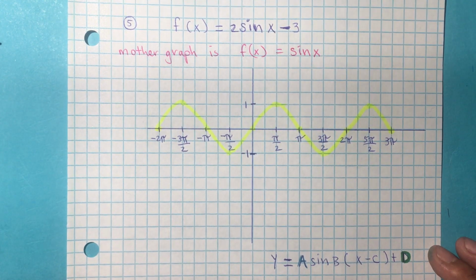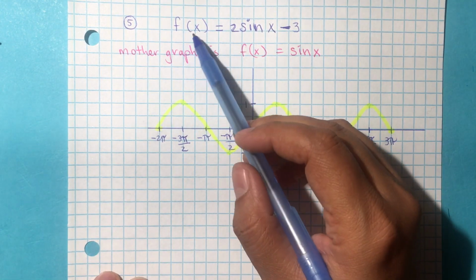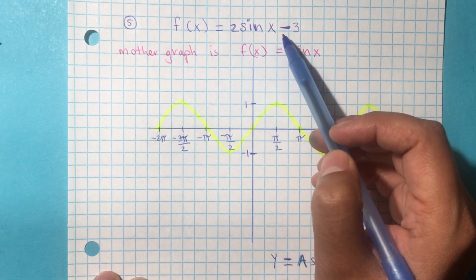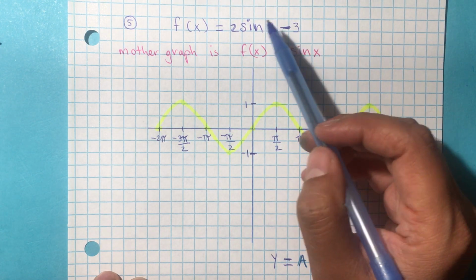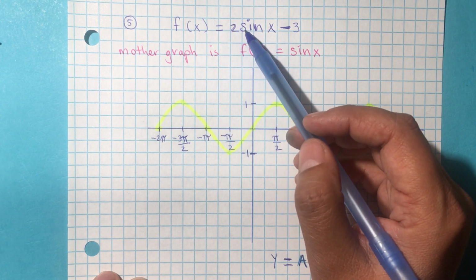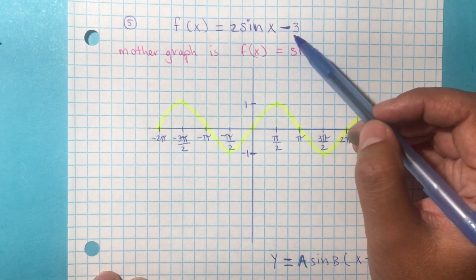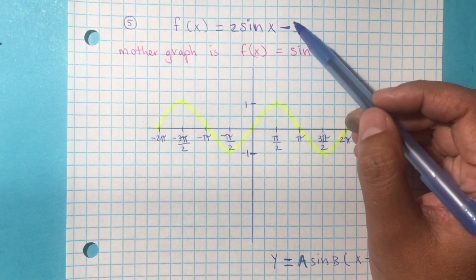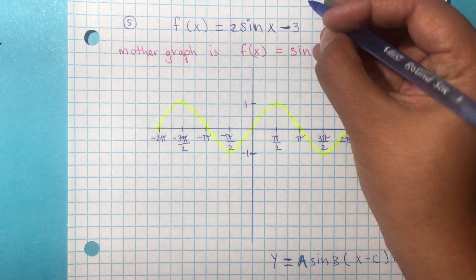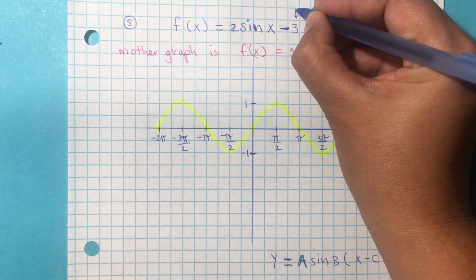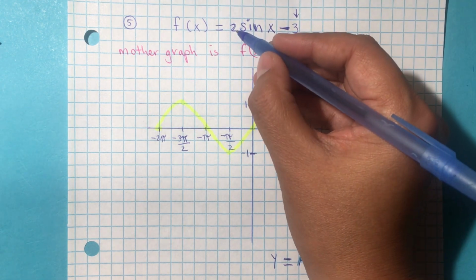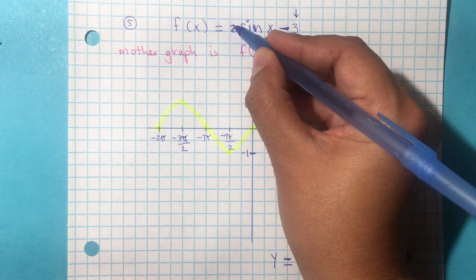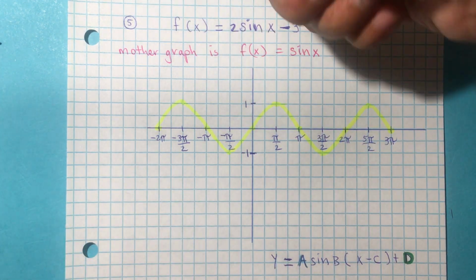In number 5, we have f of x equals 2 sine of x minus 3. That's the amplitude, and that's a shift, a vertical shift. It's moving the midline 3 spaces down. Okay, so this will move the graph 3 spaces down, and this will multiply by 2, meaning that it's a vertical stretch.